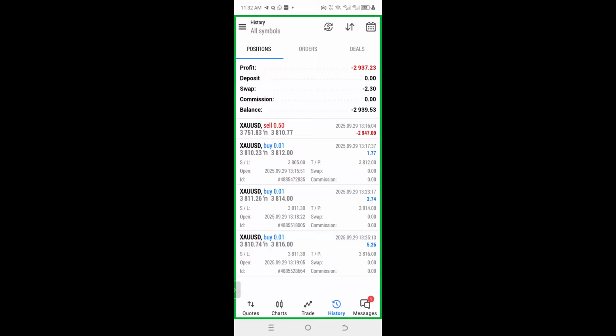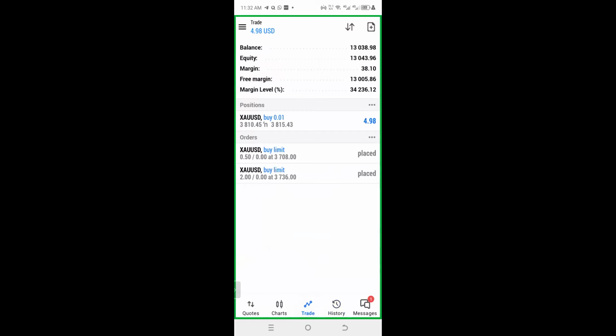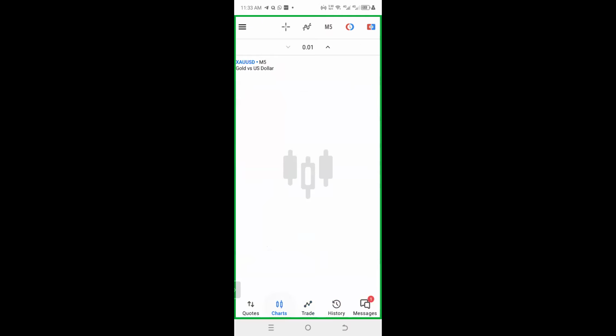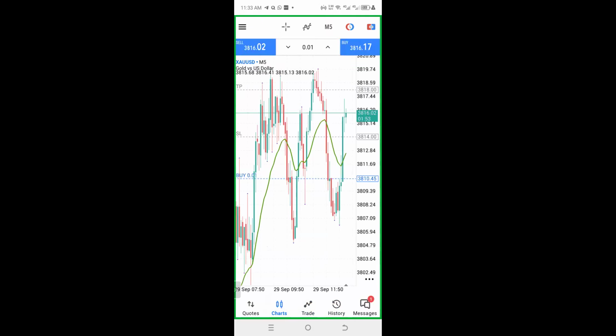Then the remaining position, I just have to move it closer to my current price. And I'm just 20 pips away from my current price. For any reason, if the market starts turning red, like from here, it cannot take my profit from this 38.10 to 38.14.